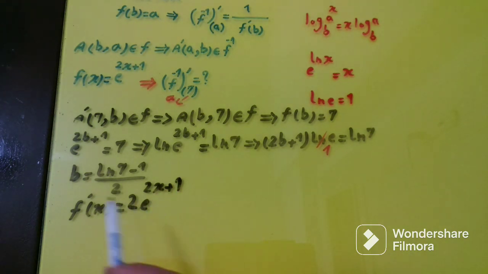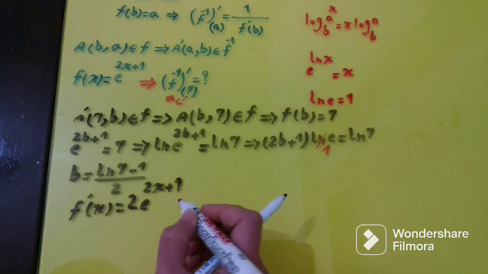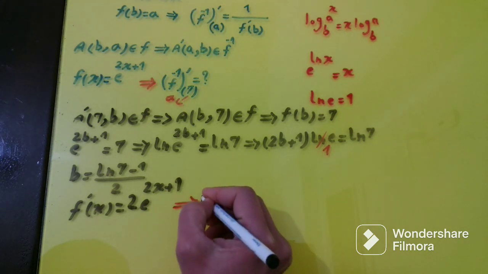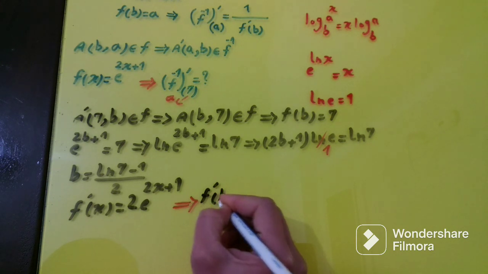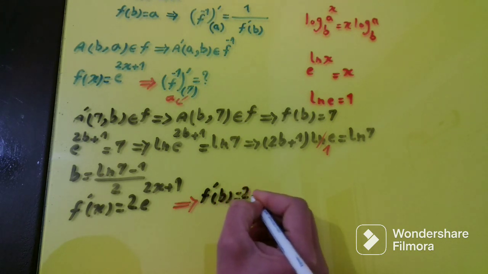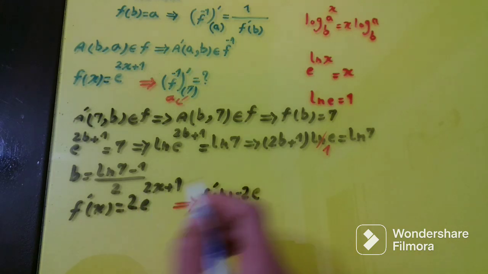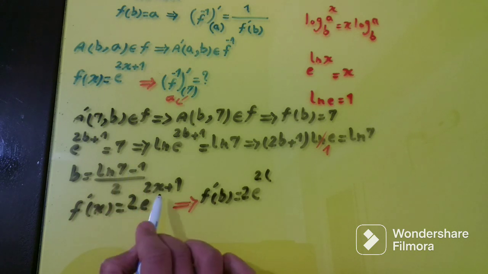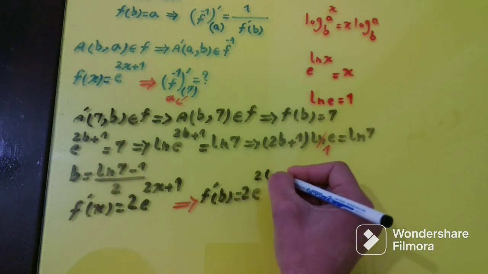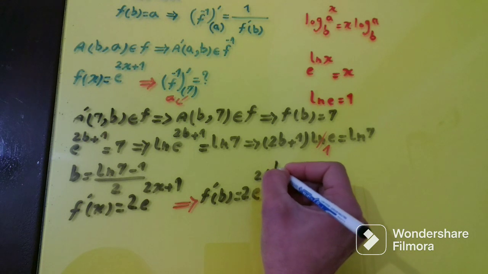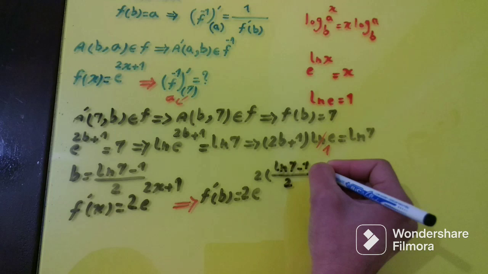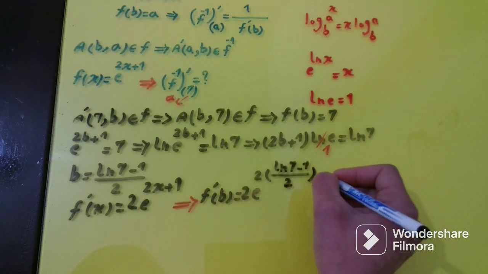Now you should replace b instead of x in this function. f prime of b is 2 e to the 2b instead of x, ln of 7 minus 1 over 2 plus 1.